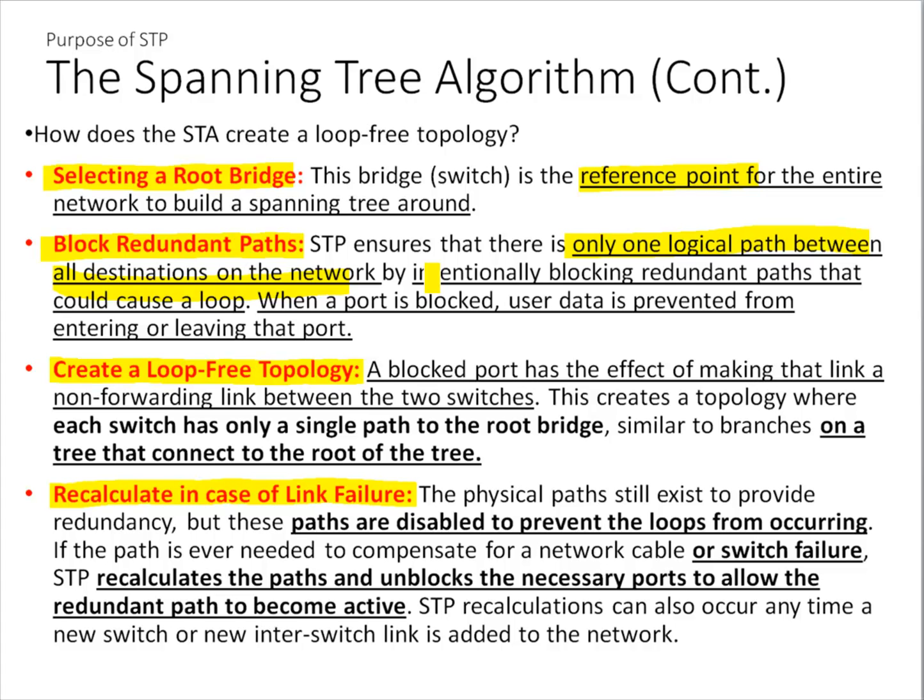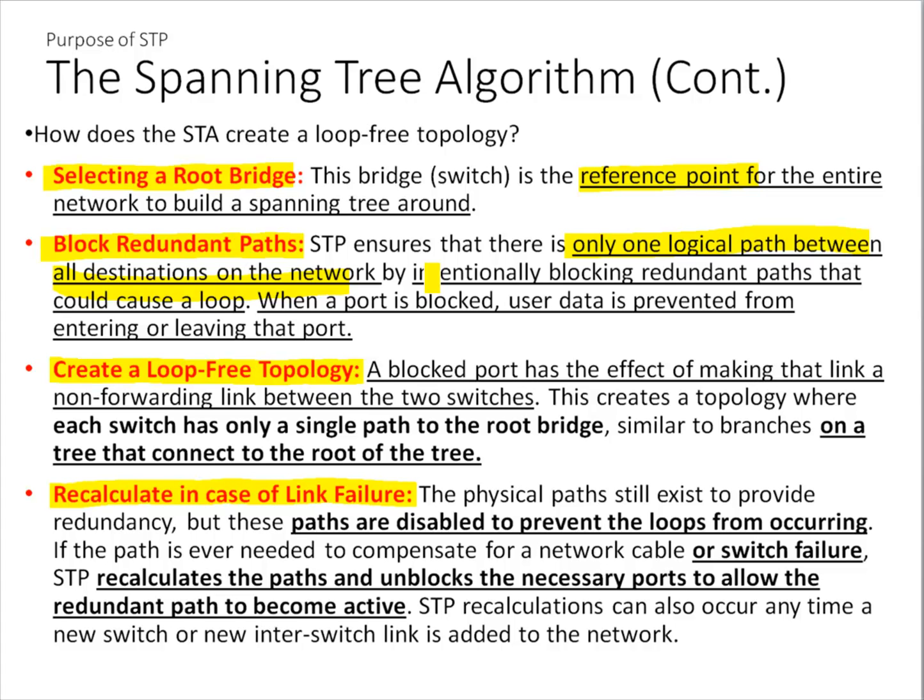The next step is for all the other nodes. You have to find only one logical path between the root bridge and a particular node, and all the other paths you have to block. If there is more than one path available, only one path you have to take, the other path you have to close.